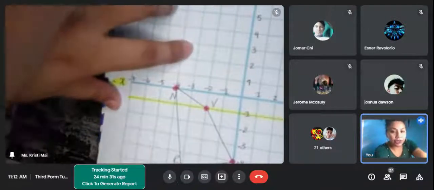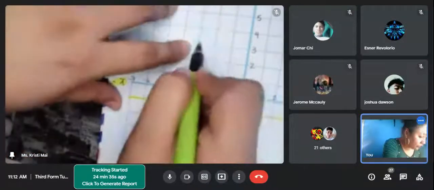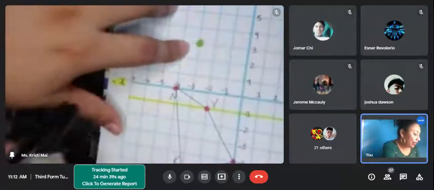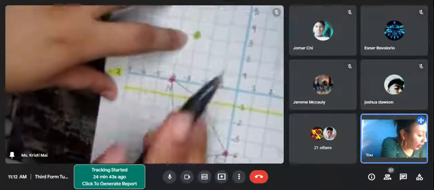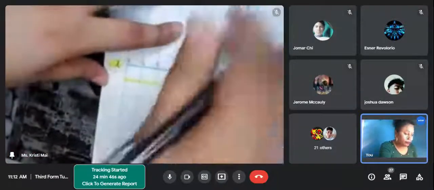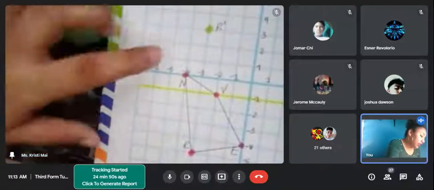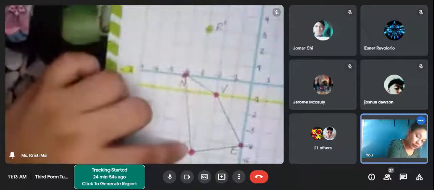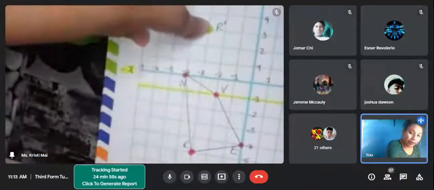And here is where my new point is going to be. I'm going to mark it and name it R1. It is exactly the same distance: 4 spaces from here to here, and 4 spaces from here to here. Everybody understood?